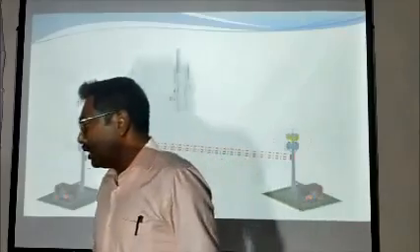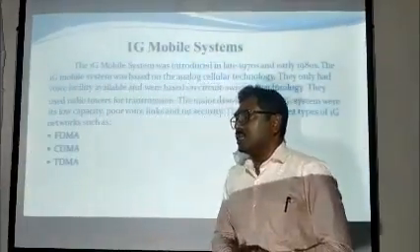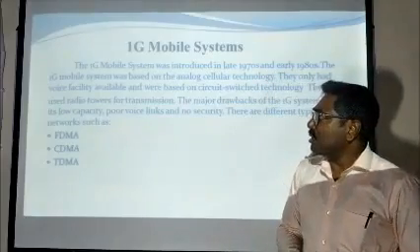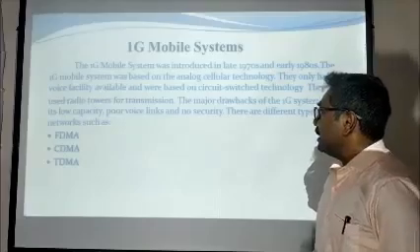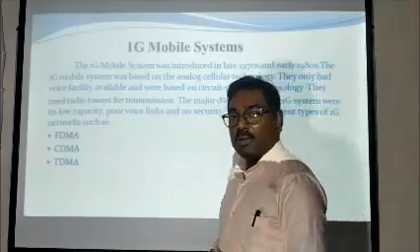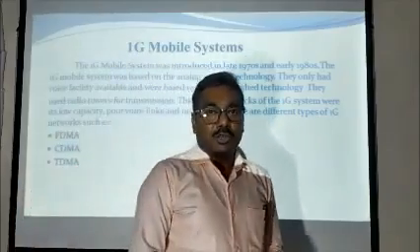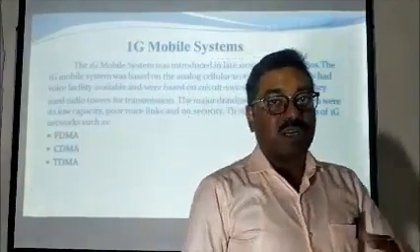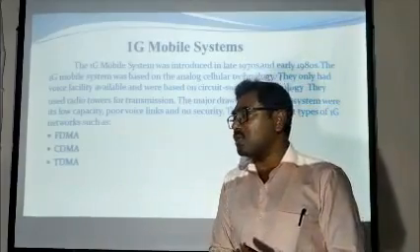Now let's come directly to the different kinds of generation. The first generation mobile communication, or 1G. In this mobile communication only voice transfer was possible. That means you can call a person and talk to a second person, but SMS, MMS and all that were not there.